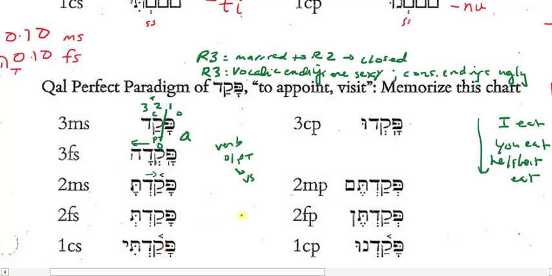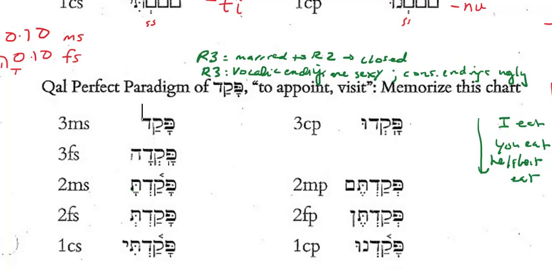All right, great. Notice that my accent is where? When I'm doing these conjugations, the accent is on root 2. Did you notice that? The only time it's not on root 2 is with these vocalic endings. Remember the vocalic endings, like the ah, im, and ot on the nouns?